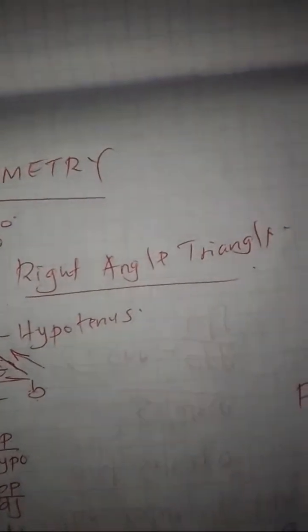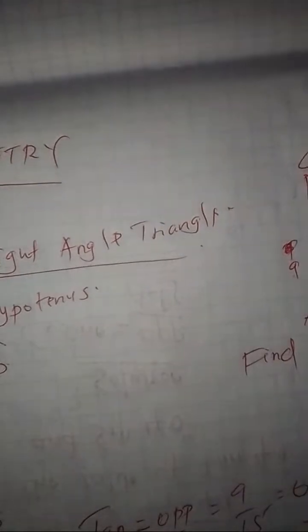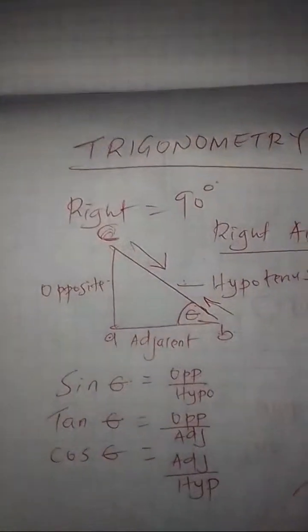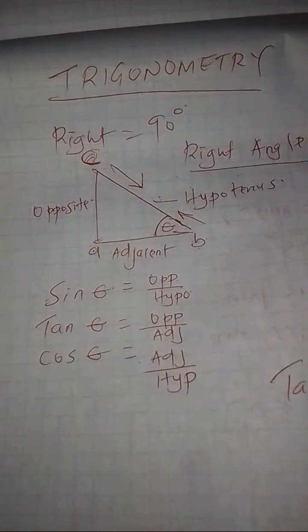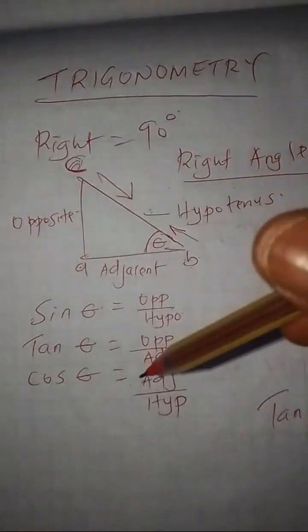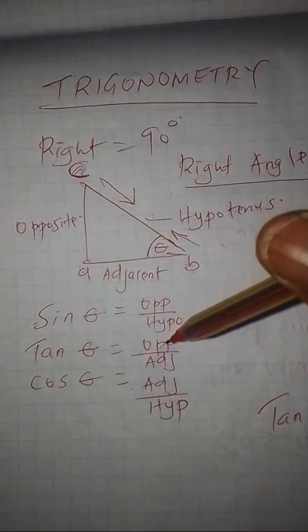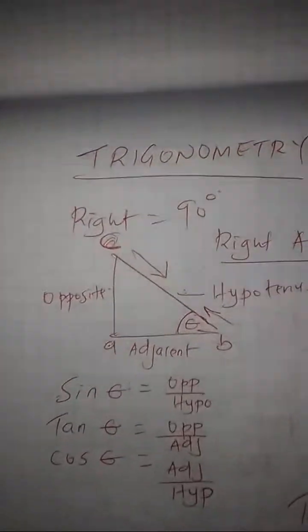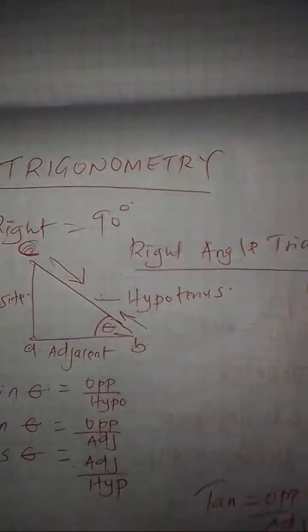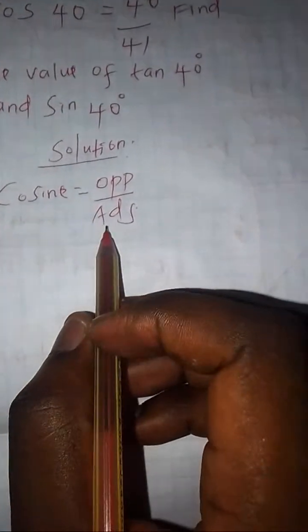Cosine rule, we had opposite over adjacent was for the tan, but now for the cosine of an angle, because we have cosine 40, where we've said we have opposite over adjacent.